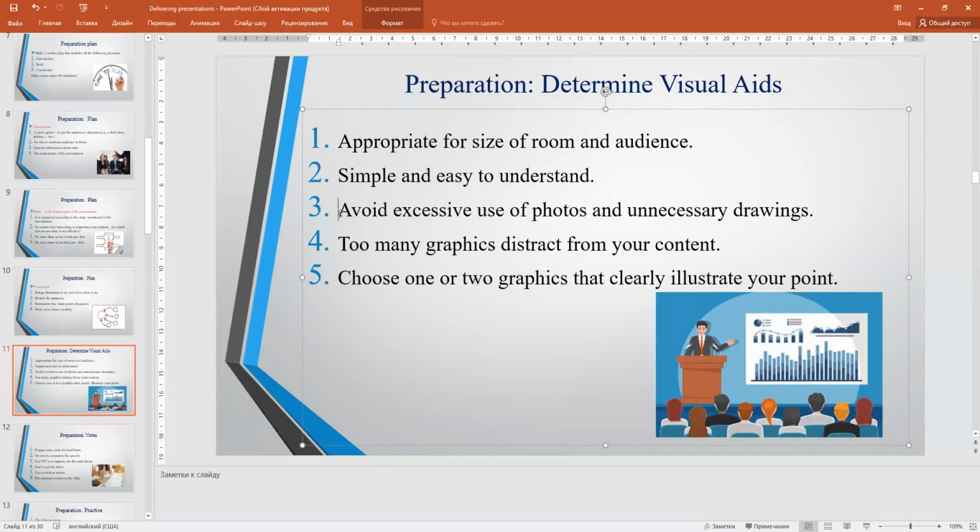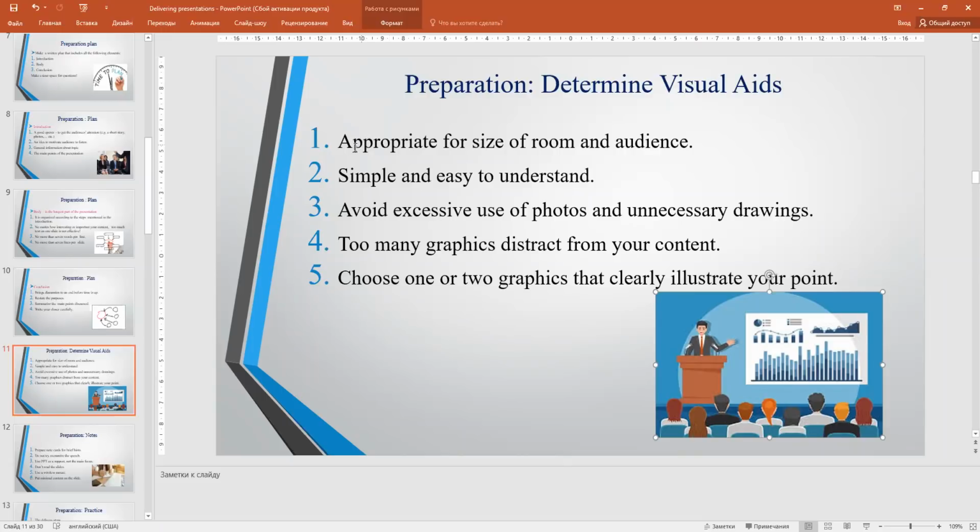So you should avoid excessive use of photos and unnecessary drawings. For example, in this slide, I only used one image. For example, this one. And this image can help me as much as possible.